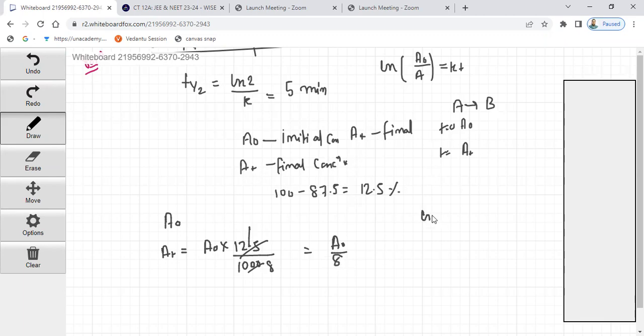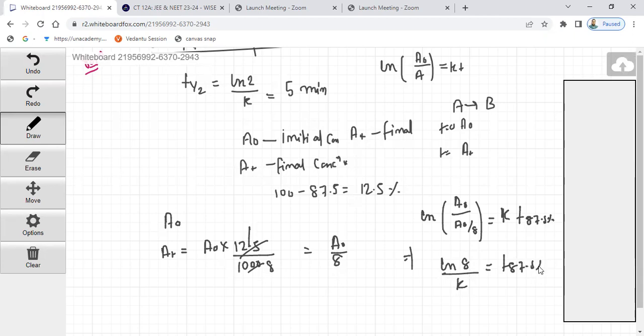So from the result, ln of A naught over At, which is A naught by 8, is equal to k into t. Writing t as t 87.5%, meaning 87.5% is completed, we get ln 8 divided by k is equal to t 87.5%.